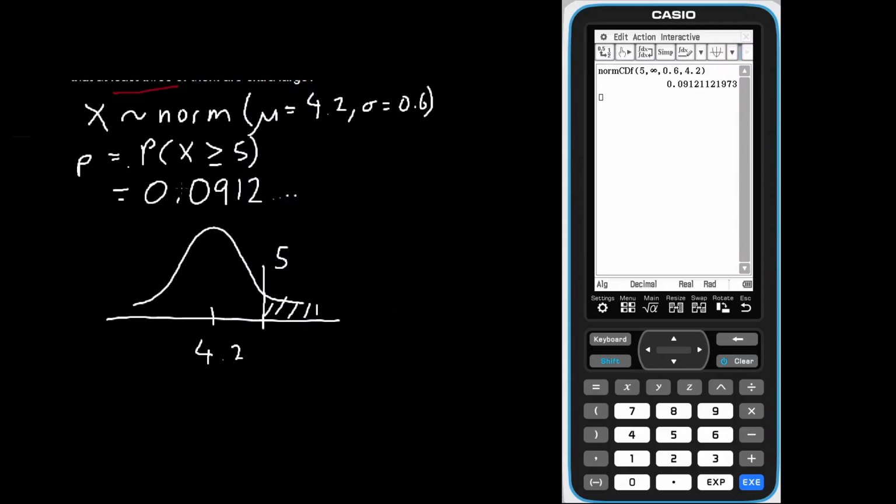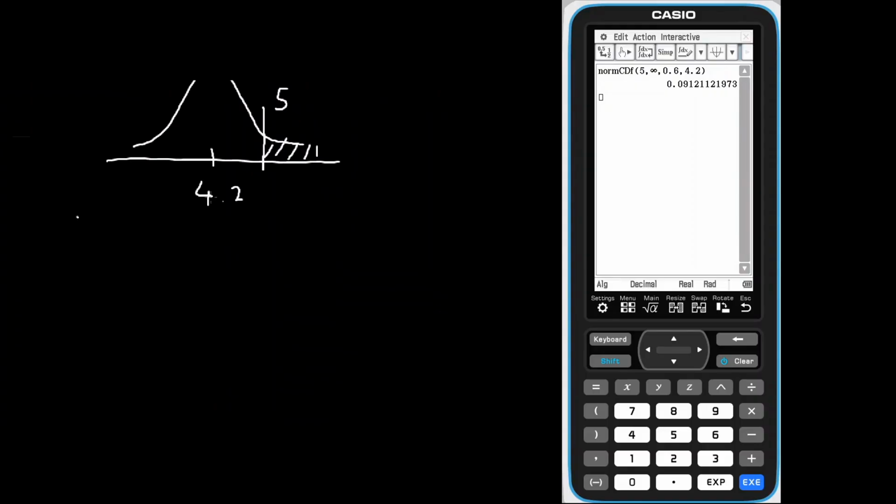All right, now we can say another variable, Y, and this variable represents the binomial distribution, where our probability of success is now equal to 0.0912, and our number of samples is equal to 4.